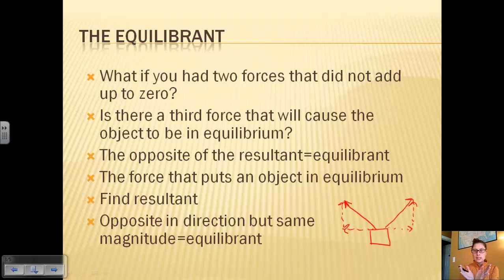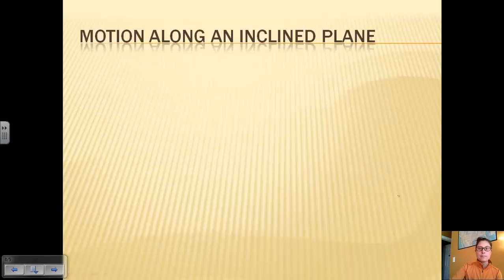If they're both like this at an angle, then probably our resultant is going to be something like that, because that would be the 2 forces added together. So this means that our equilibrant is going to be opposite in direction but equal in magnitude, and I'm kind of running out of room to draw out the same length, but this would be our equilibrant and this would be our resultant. Okay, and we'll do some examples with that.